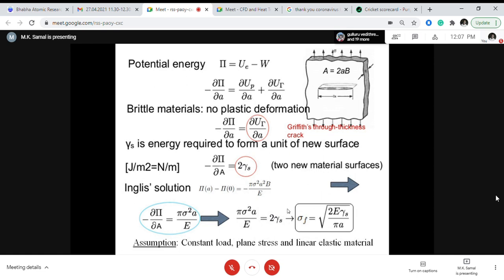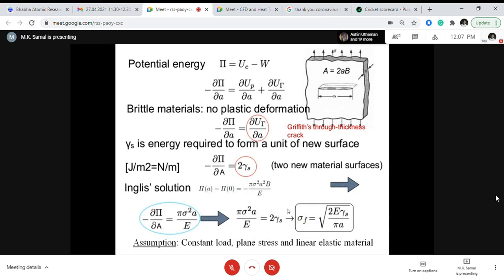As you know, it is just a material property and does not depend upon the geometry, so you can then use it for your own component. That is how the fracture mechanics concept is applied to know whether a crack is stable or whether you can allow it or not.